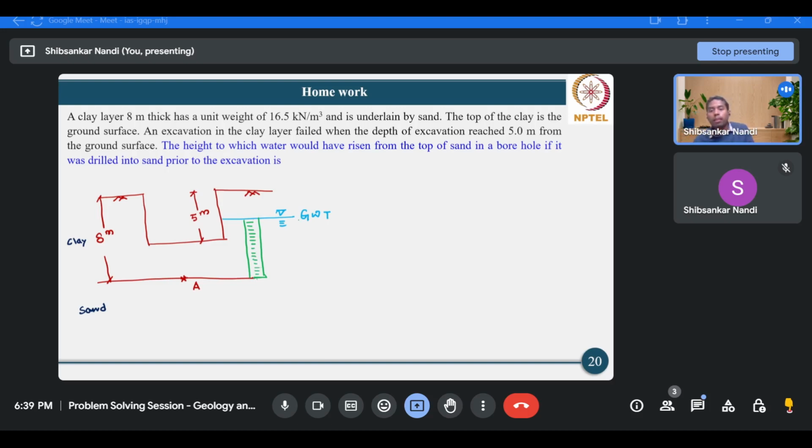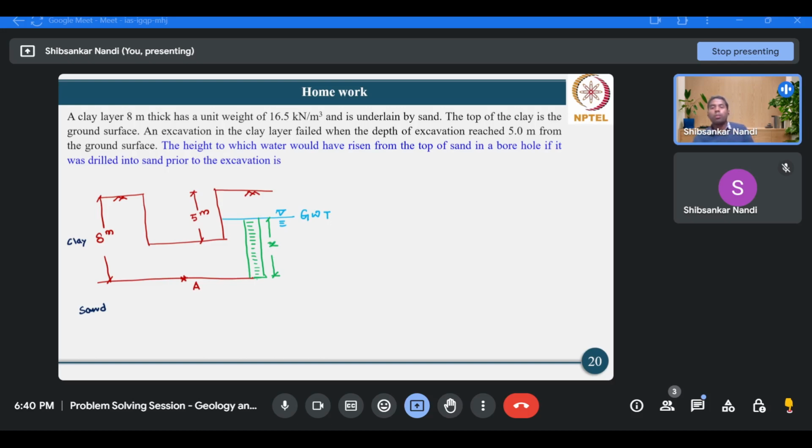So indirectly it's asked to determine this distance, suppose x. Okay, so this distance is basically required. Suppose this is x. So this is the problem.